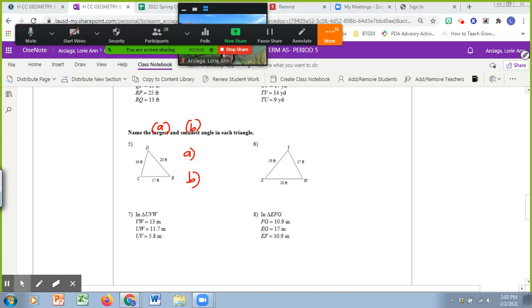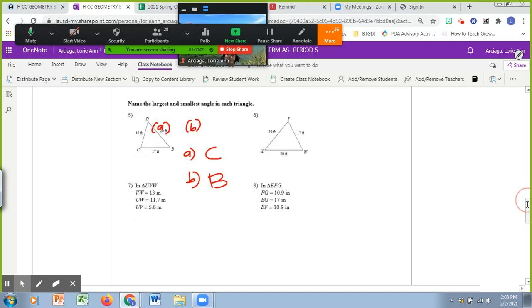CB, according to Jeremiah, largest is C, smallest is B. You guys agree? Yeah, because C is across the longest side and B is across the shortest side. Okay, just keep doing that, right?